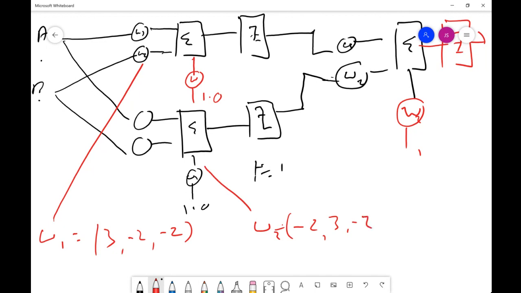So this will be minus 2, 3, and minus 2 in there. And for the last weight vector, we have W3 equal to 2, 2, minus 1.